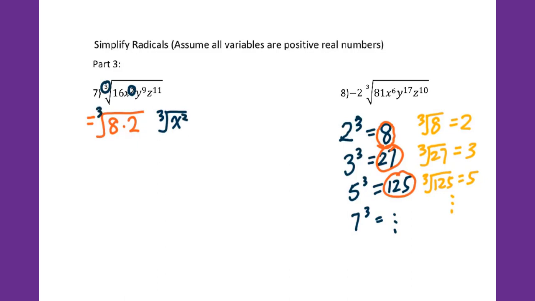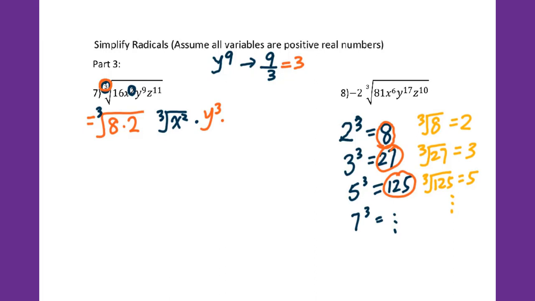This one is a cubic root, don't forget. See, I forgot this 3. And for y to the 9th power, you will get 9 divided by 3, you divide it by this number. Then you will get 3, which means y to the third power.